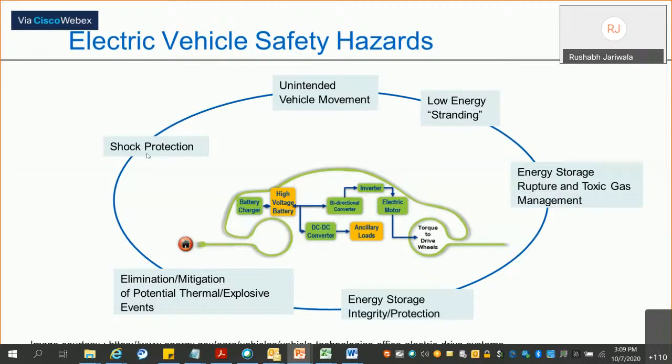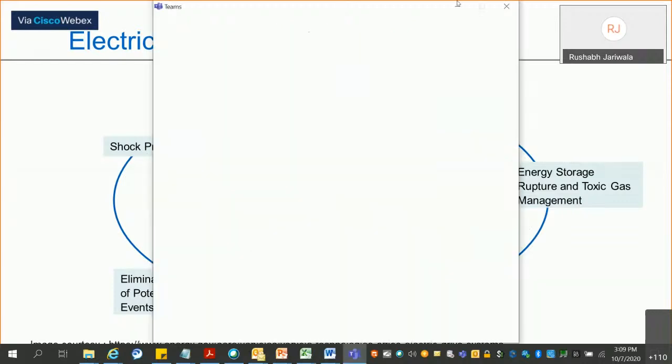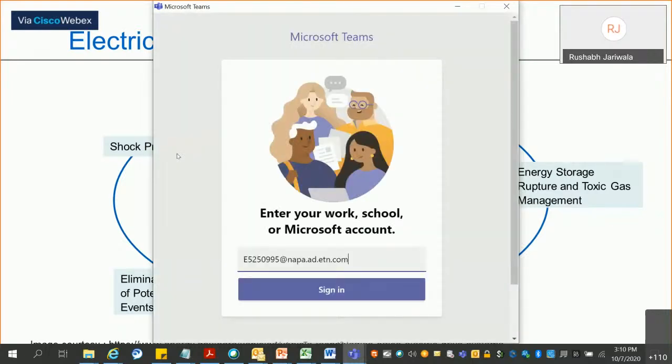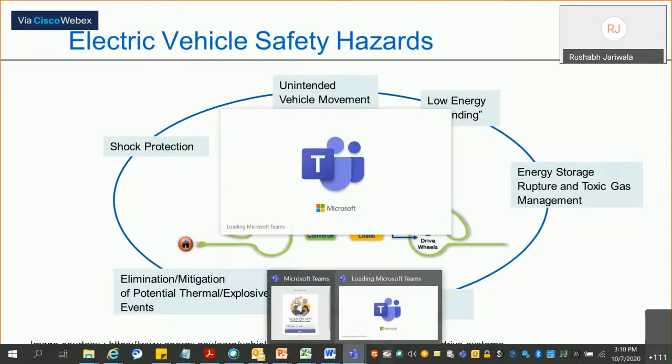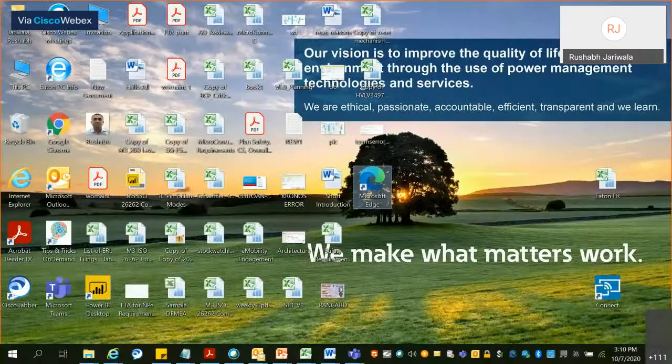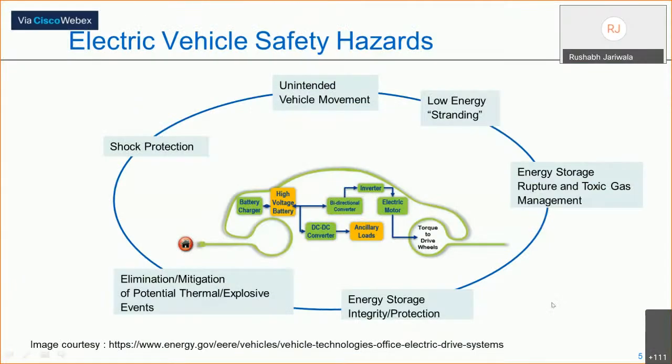And then shock protection, which is normal, it is there in the gasoline vehicle also, but there are some components which can be highly sensitive when exposed, sorry, there is some disturbance, then it can create a problem. Means if it is directly hit by another vehicle or by another object, then it can directly create a problem.